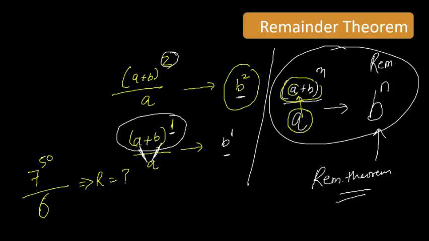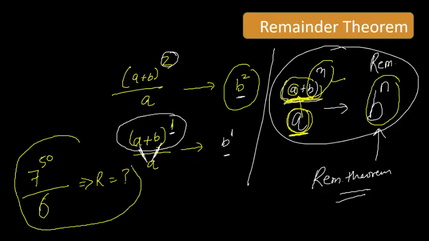And this a part is divisible by a. This b raised to the power n is your remainder. But first you have to try that if the denominator is a, the numerator should be written in this form, (a plus b) raised to the power n. So tell me what you will do here. What will be your answer?